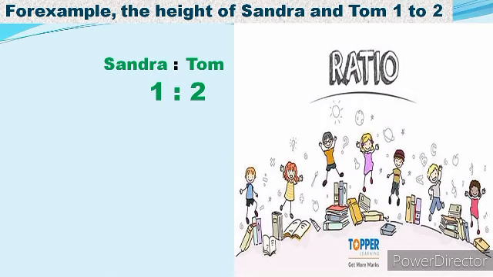Now the ratio of Sandra to Tom is 1:2. I can also write it in fraction form, which is 1/2. Now I want you to take into cognizance that when you are writing ratios, you must write the ratio respectively according to how the variables are given.